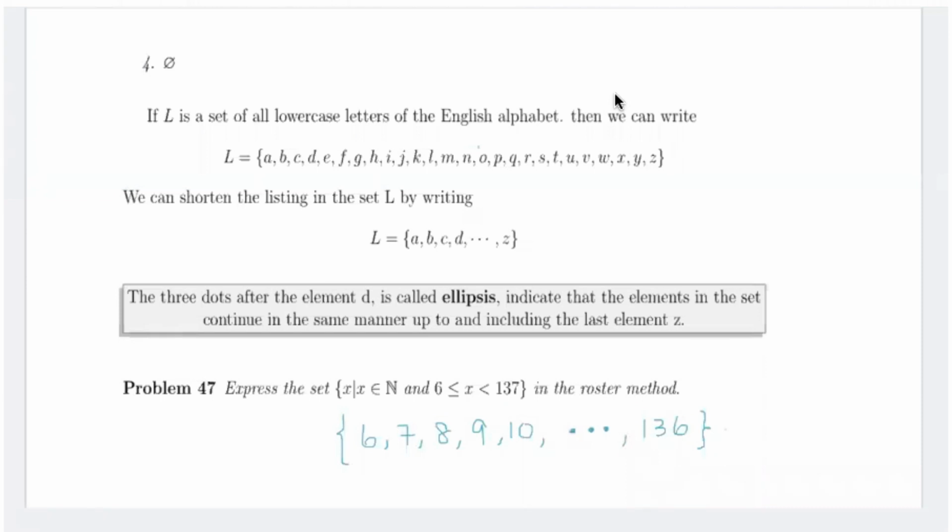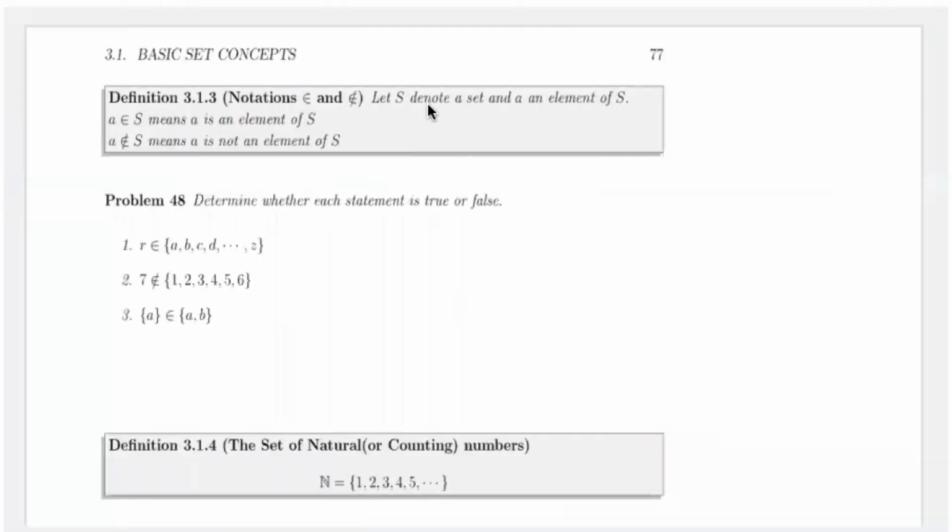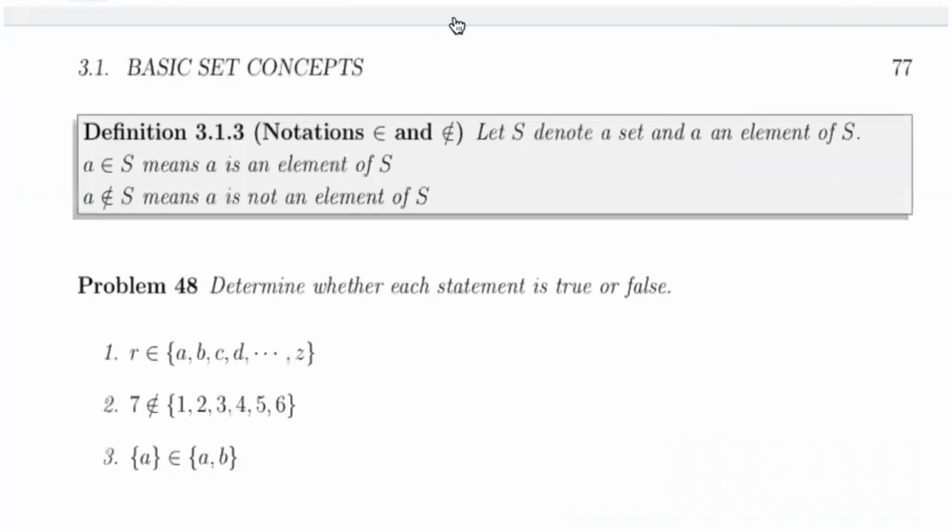All right, question. Let's look at this notation on the next page. Go back to the notation here, make it bigger.